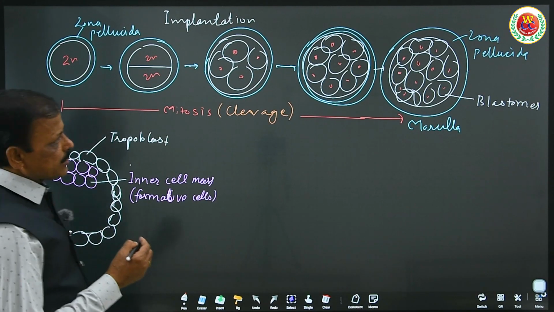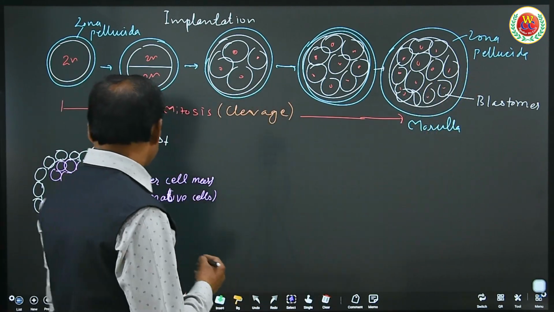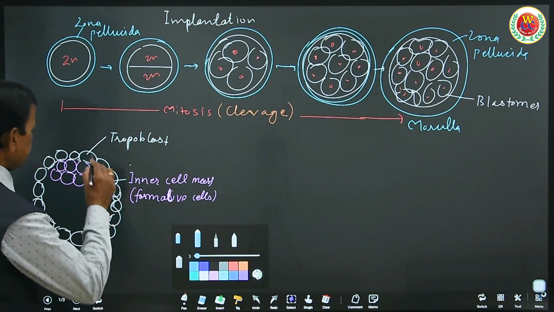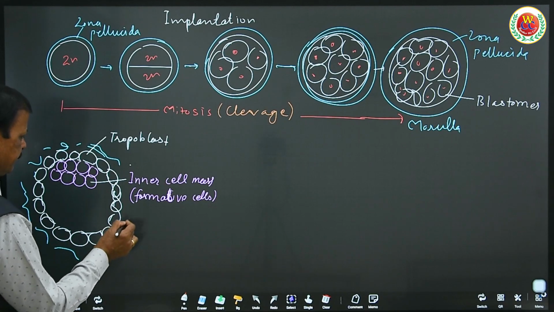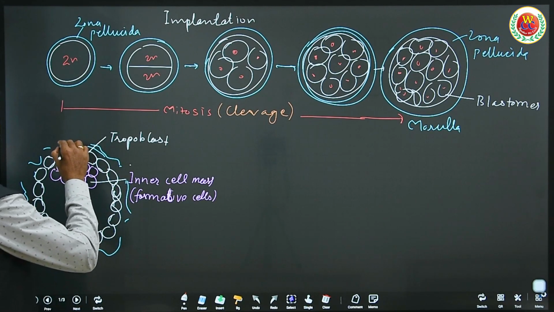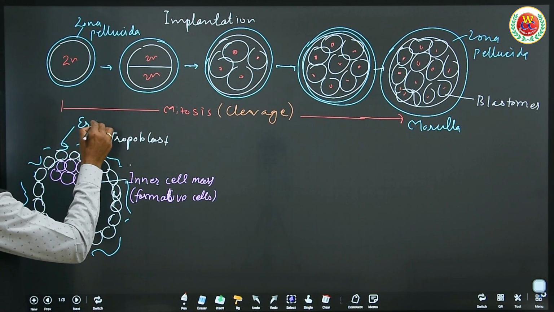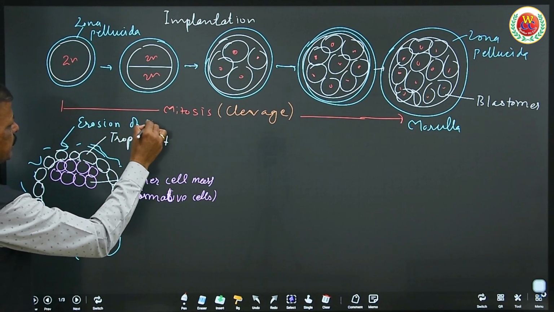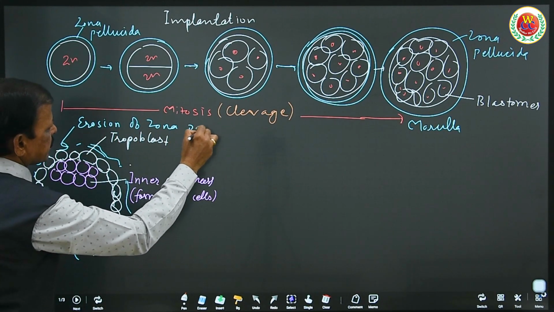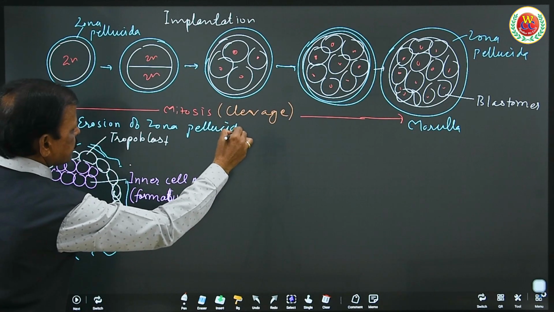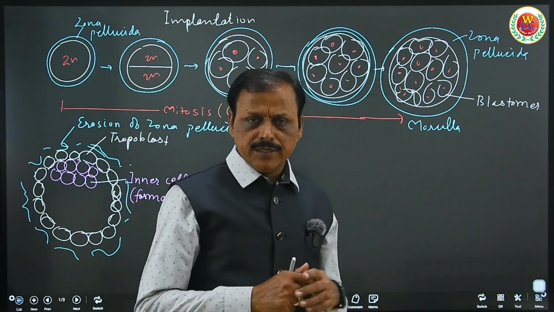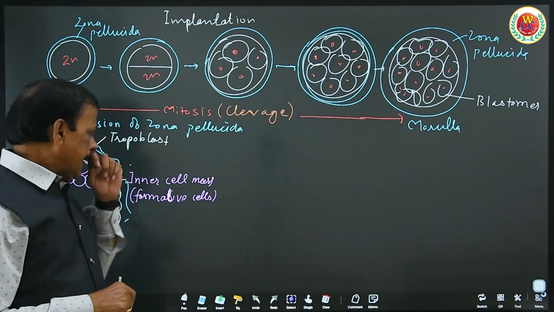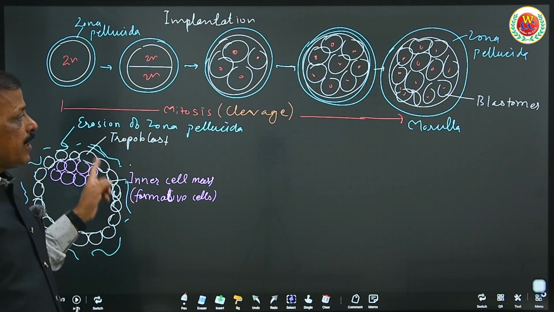Now by this time the zona pellucida is degenerated, so here we can show the erosion of zona pellucida. It is very important to understand how long the corona radiata continues with the secondary oocyte till fertilization, and how long the zona pellucida continues up to the blastocyst.